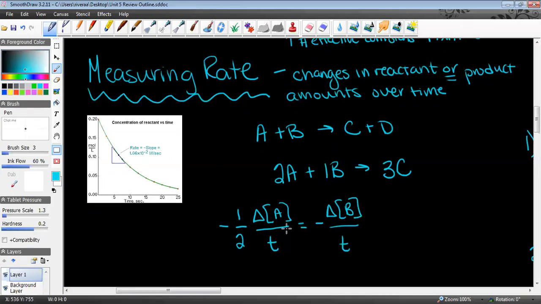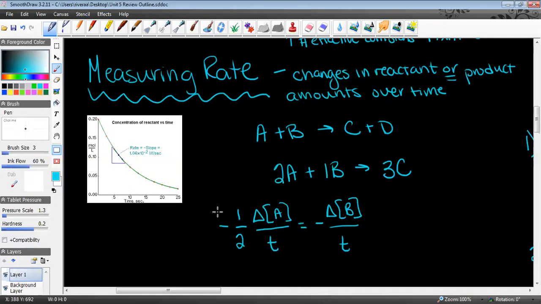In other words, if I wanted to set these two things equal to each other, I would have to have the rate of A, because it is disappearing twice as fast as B, so to set them equal, I would need to divide it by 2. So I could look at it in terms of A is disappearing twice as fast as B, or I could set them equal to each other by dividing by their coefficients.